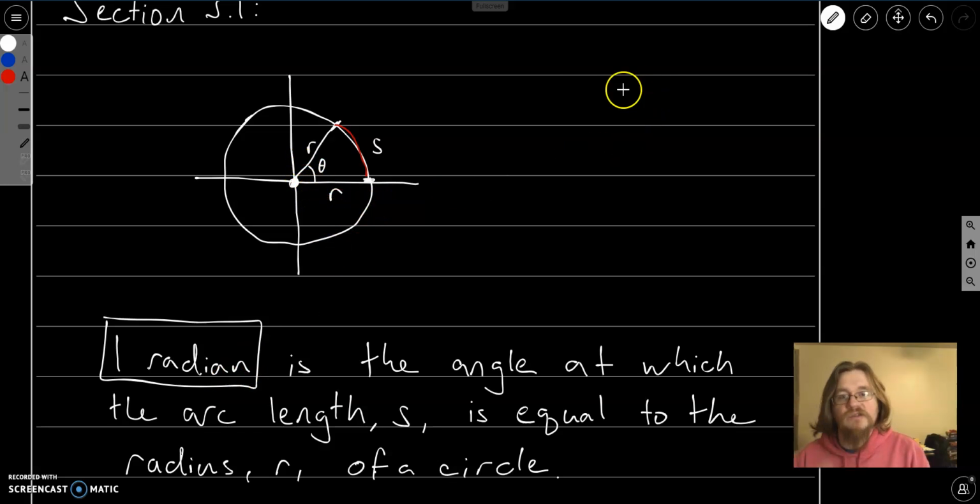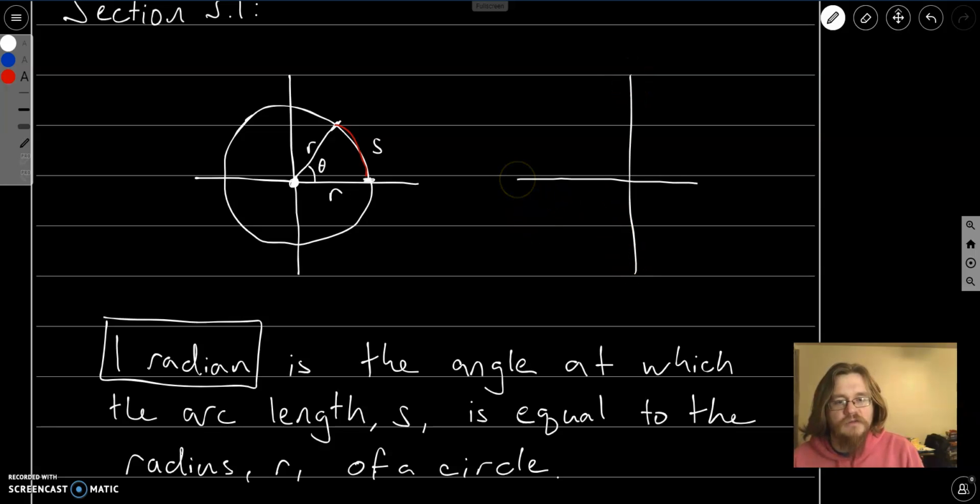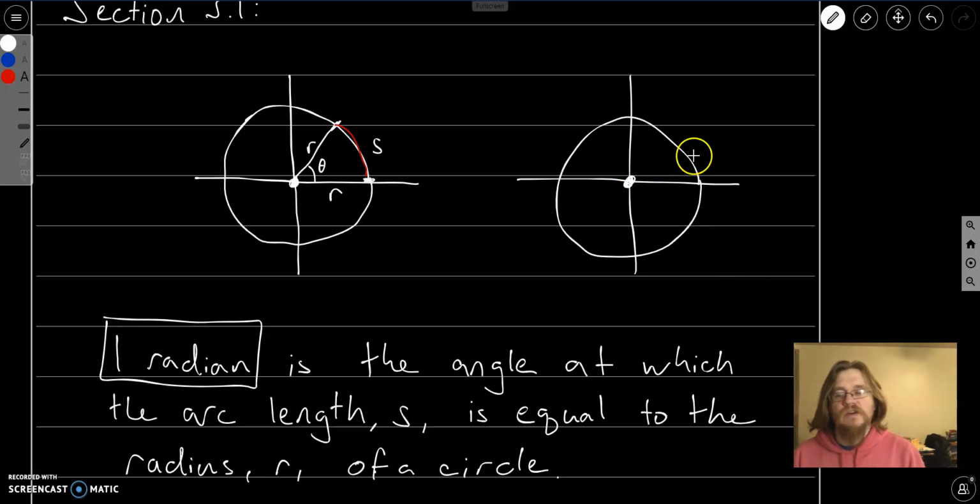For instance, if I wanted to go 2 radians, where would that be? Well, if we draw another circle. This is a very bad circle, but oh well. So if I wanted to go 2 radians around, starting here at the x-axis, I would travel around until I've gone a distance of 2 times r.